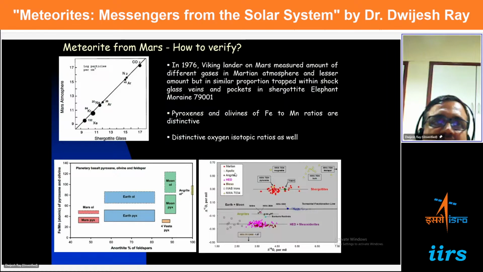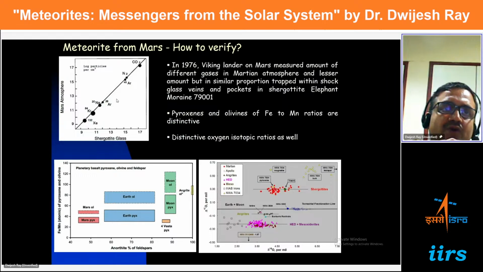So this is another fascinating story: how to know whether a sample has come from Mars? What happened in the meteorite sample is that there are some fluid inclusions in the form of glass.